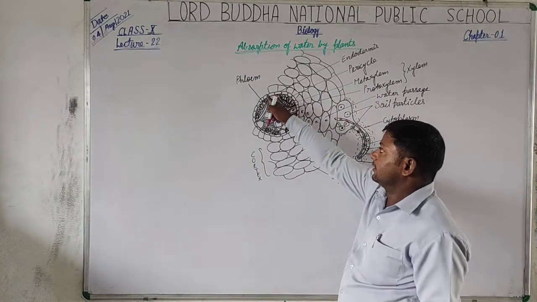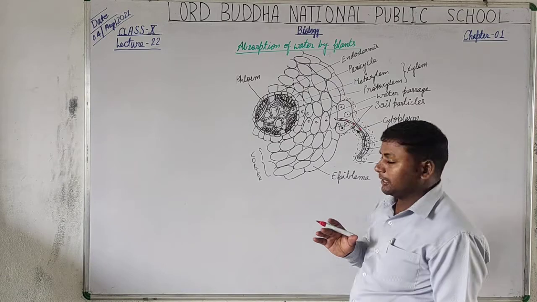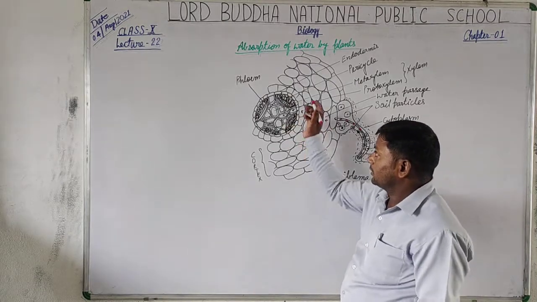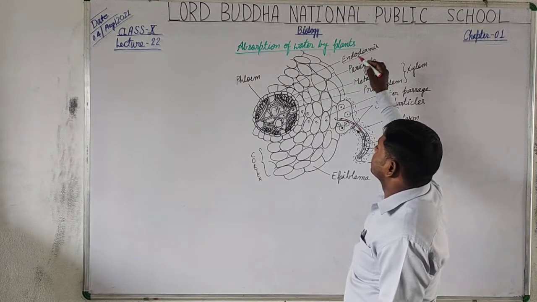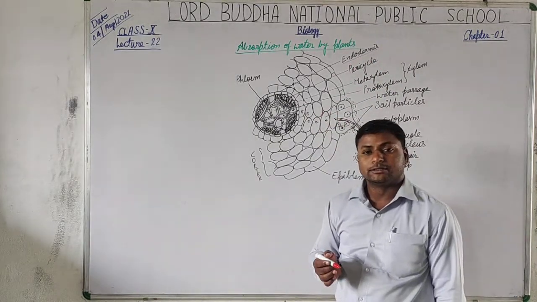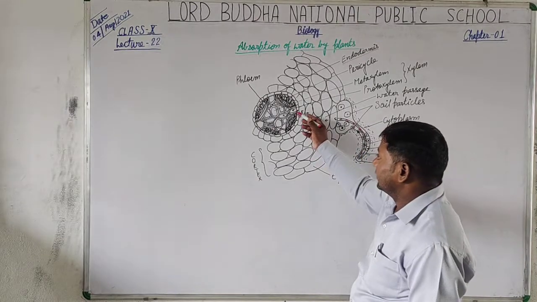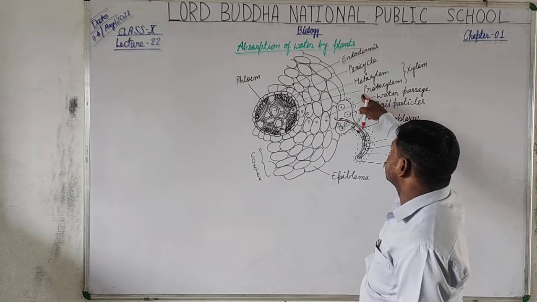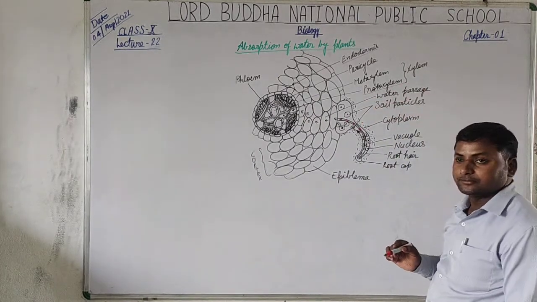This is the single layer of dumbbell-shaped cells arranged around the pericycle, called the endodermis. As water passes through the endodermis, a semi-permeable membrane, it enters the primary structure of the xylem called protoxylem.